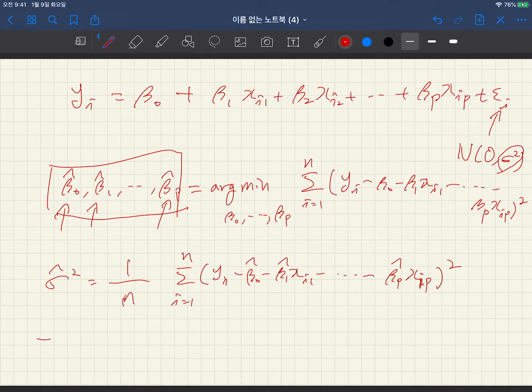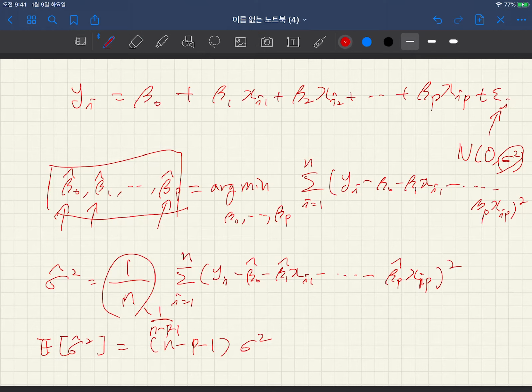So when you compute the expectation of sigma hat square, this will be much more difficult to obtain compared to the previous example, but still you can compute the expectation, and the value will be n minus p minus 1 times sigma square. So rather than 1 over n, it would be much better to use 1 over n minus p minus 1.